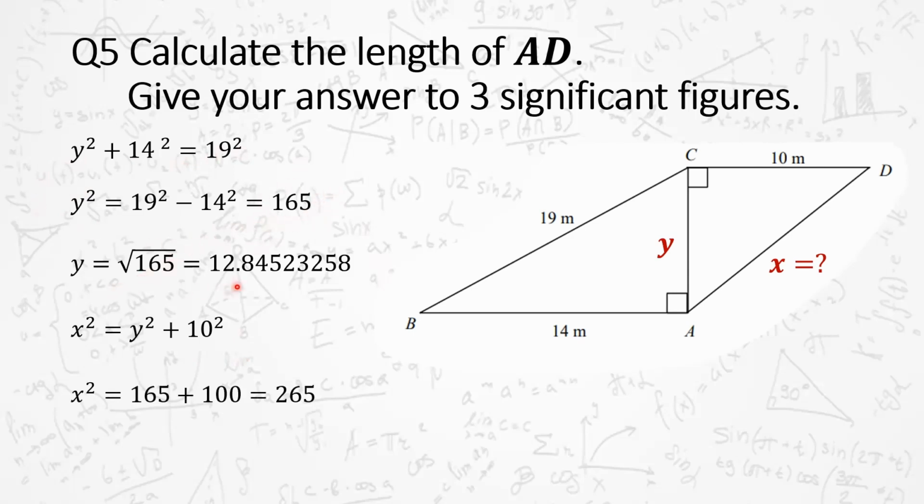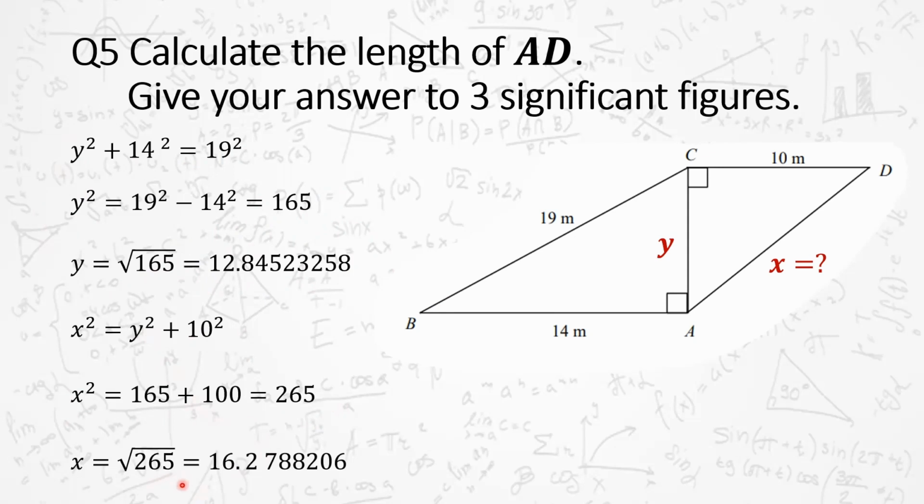Doesn't matter you square rooted it, because if you square that number, you're going to get back your 165. So I'm just going to put 165 here because that's the value of my y squared. And then 10 squared is 100. So x squared equals 165 plus 100 equals 265.